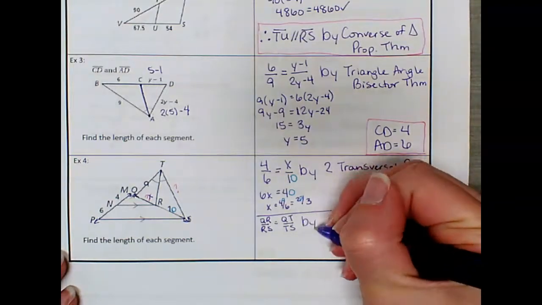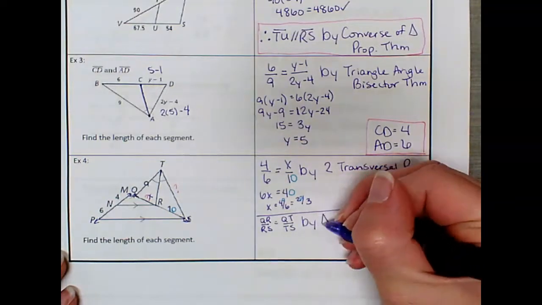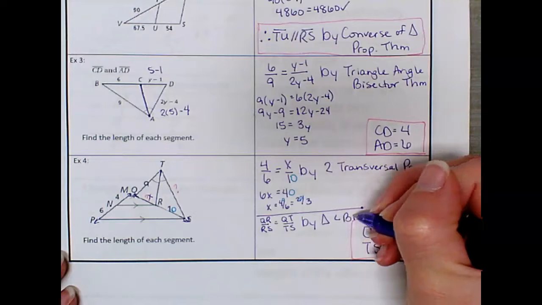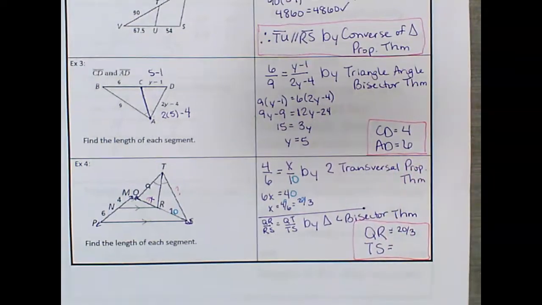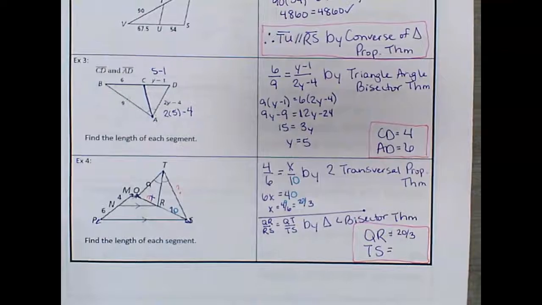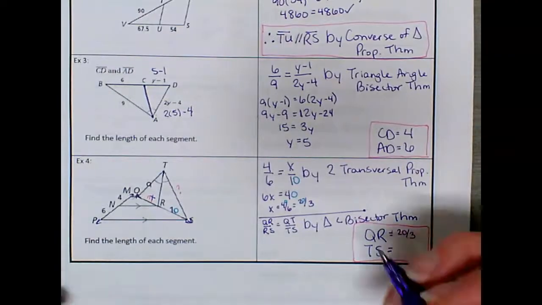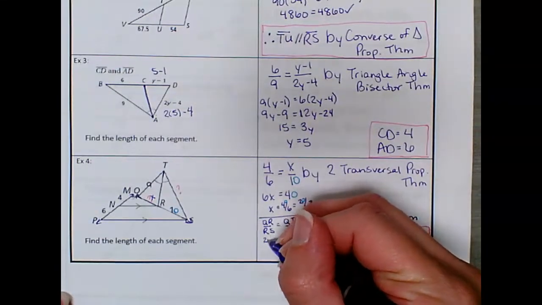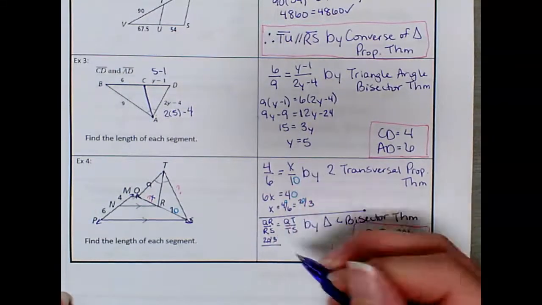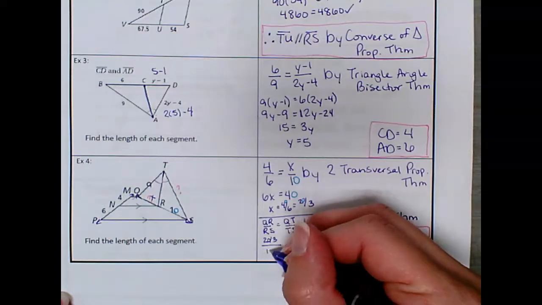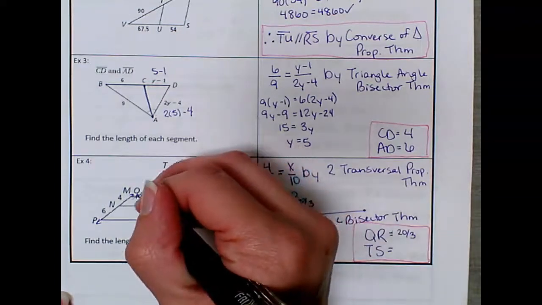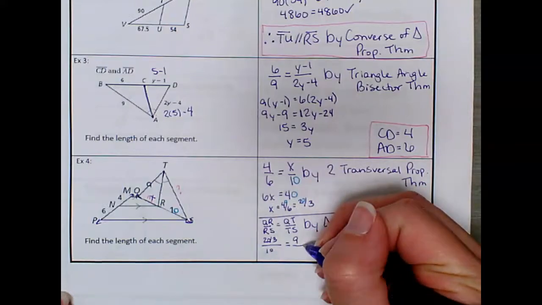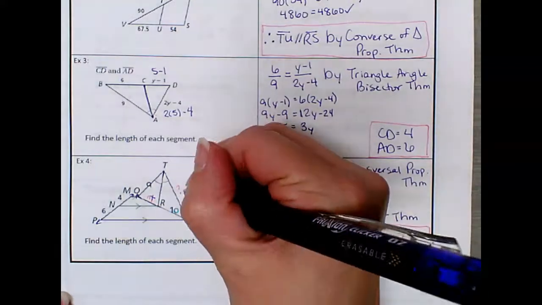And this is by the triangle angle bisector theorem. I'm really abbreviating now for the sake of space. So QR's distance was 20 over 3. RS's distance is 10. QT's distance, this right here, is 9. And TS's distance, we don't know that, we'll call it Y.